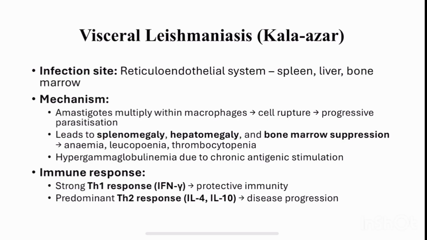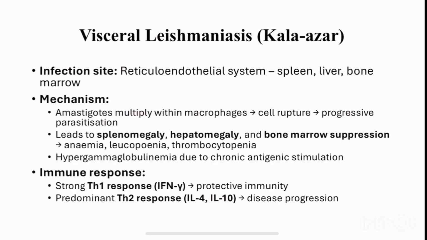So it will be seen in the later part of the disease, where the disease is about to heal. It's also seen in post Kala azar dermal leishmaniasis, and it will also be seen in visceral leishmaniasis.